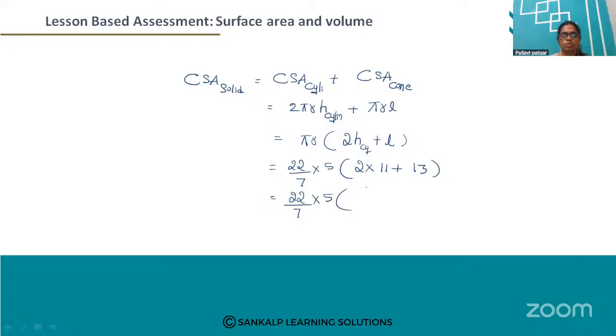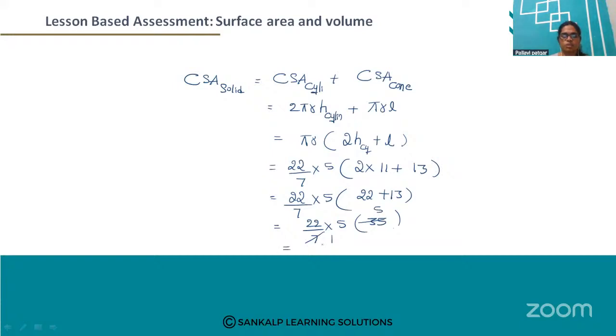So 11 2s are 22 plus 13. So is equal to 22 divided by 7 into 5. So here 22 plus 13 is 35. So 7 1s are 7, 7 5s are 35.